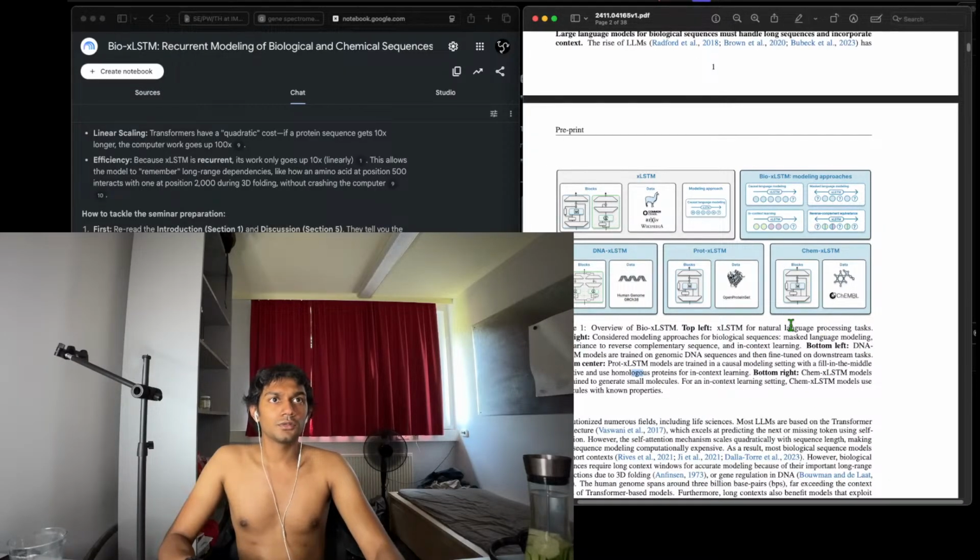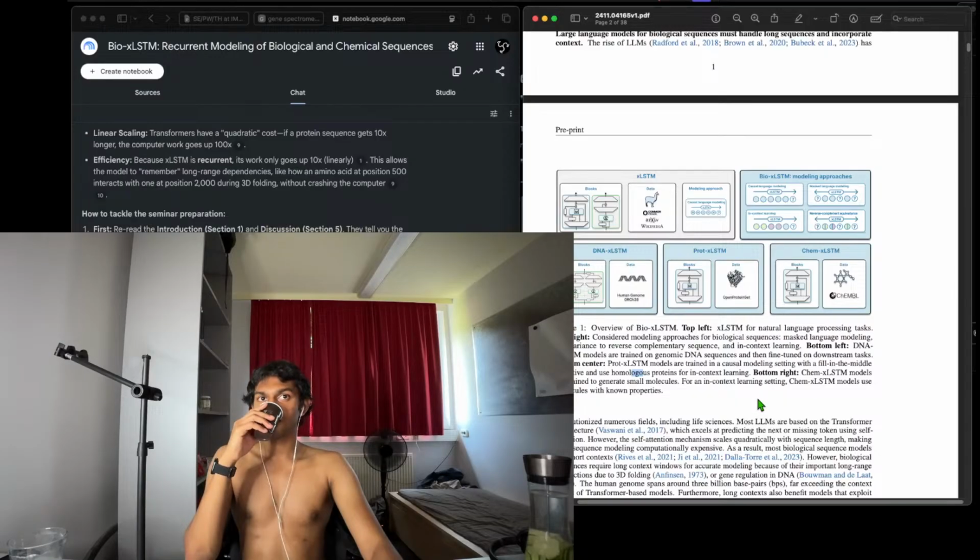Top right, considered modeling approaches for biological sequences: masked language modeling, equivariance to reverse complementary sequence, and in-context learning. Bottom left, DNA xLSTM models are trained on genomic data and then fine tuned on downstream tasks. Bottom center, Protein xLSTM models.